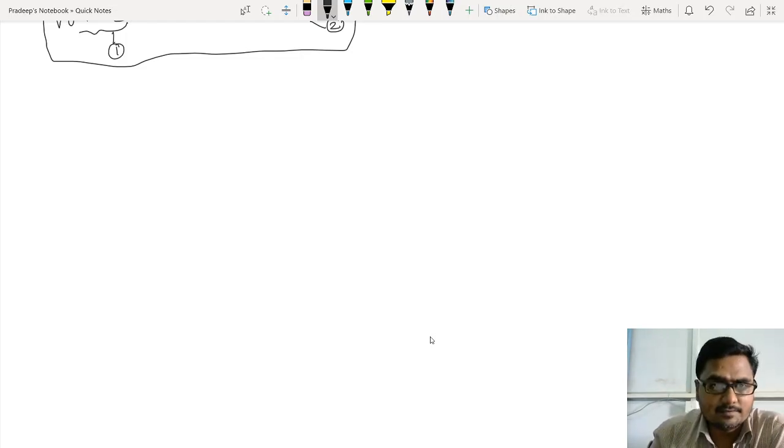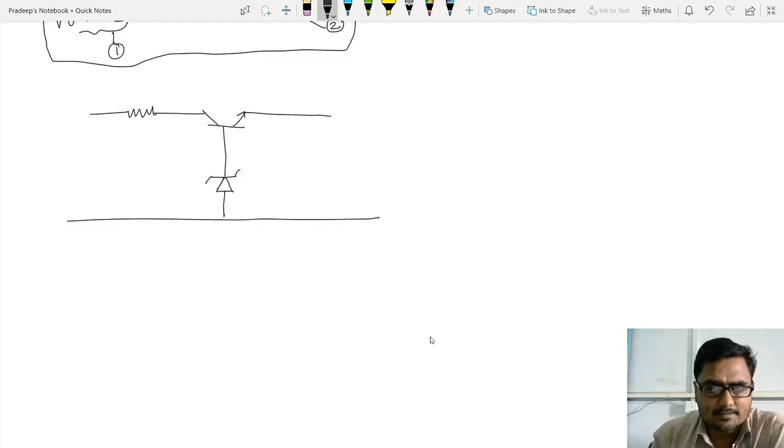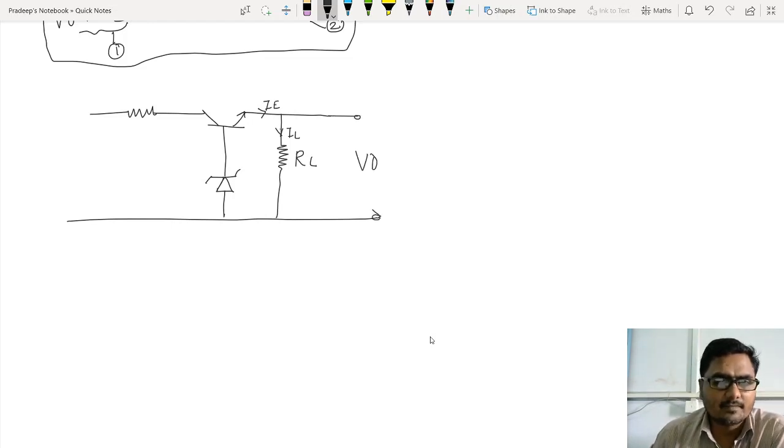Let me draw it in fast mode. This is one resistor, a transistor, emitter, a base, one Zener diode is connected. Look at this Zener diode. This is the ground line, load resistor is connected, call it RL. This is IL, which is nothing but IE, and output voltage across the load resistor.